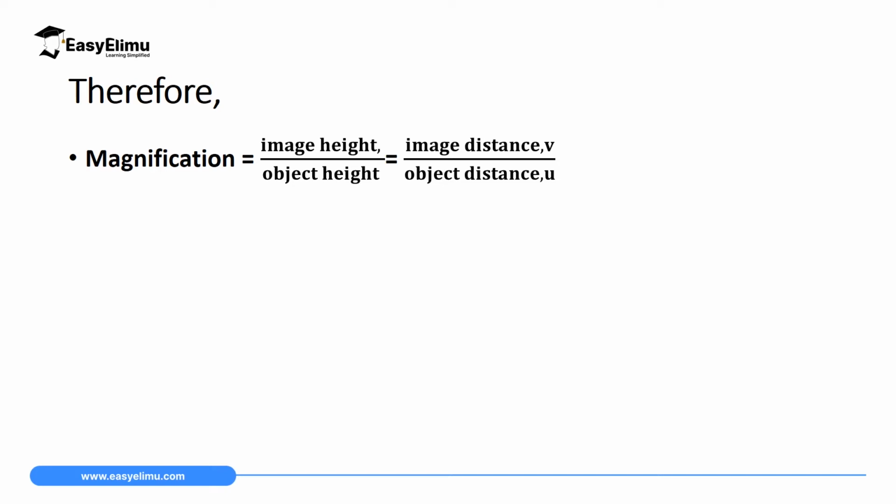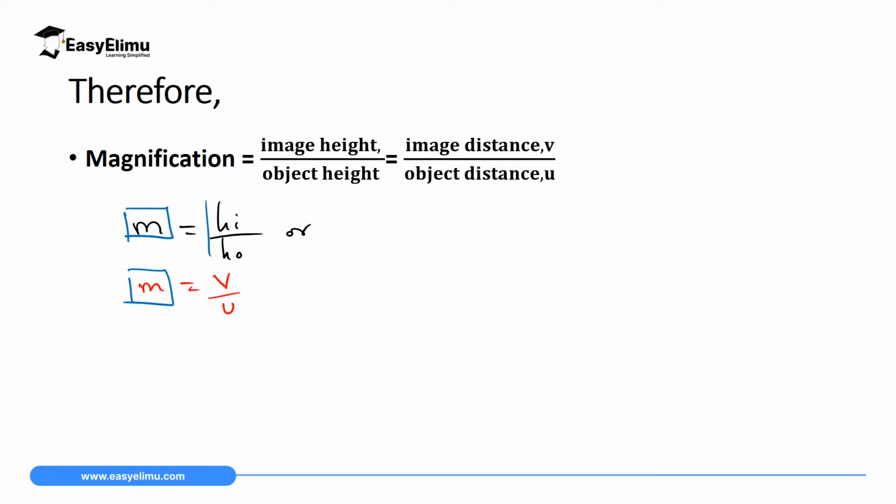Now, since we have determined that magnification is equal to image height, which is HI, divided by object height, which is HO, and we have also said we can determine magnification as the image distance V divided by object distance U, therefore, magnification in this case is the same as magnification here.